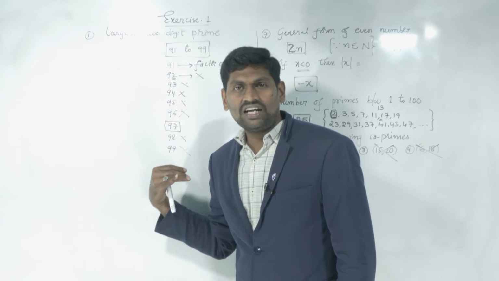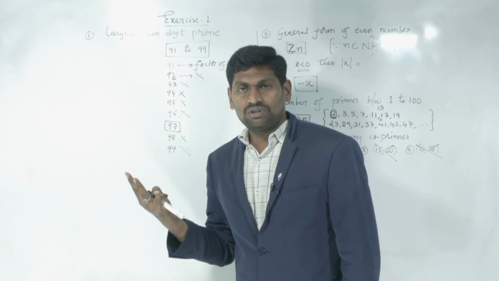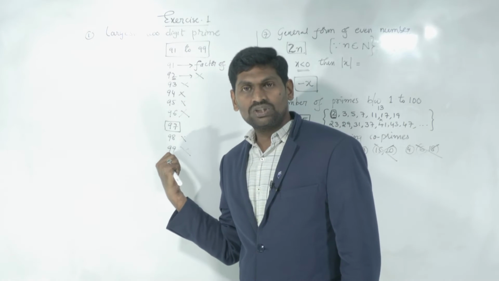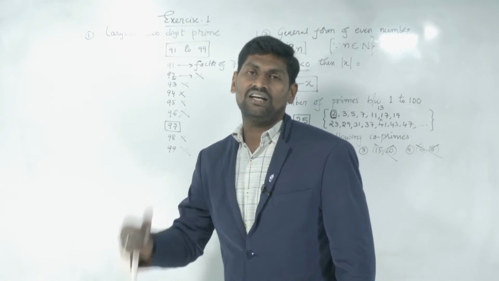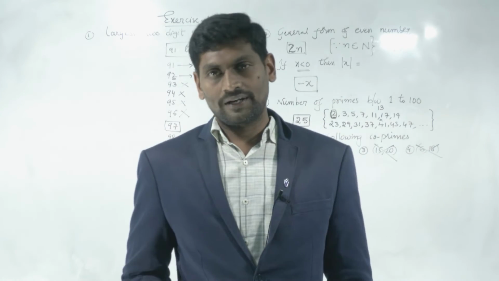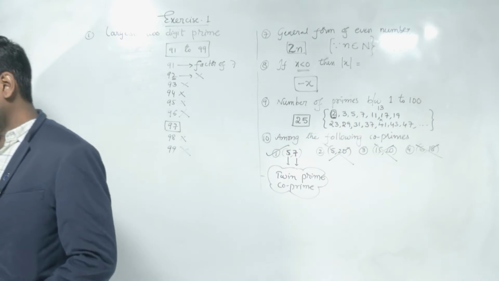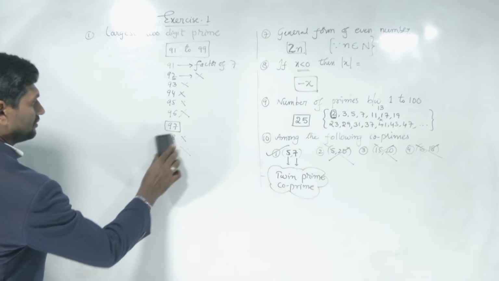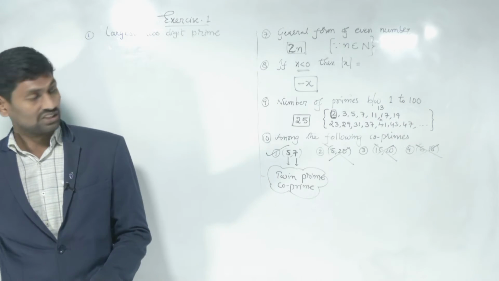After that 100, which will be a 3-digit number, the smallest 3-digit number. So in the largest 2-digit numbers we have 97 as our prime number. Okay, good. 97 is our answer.